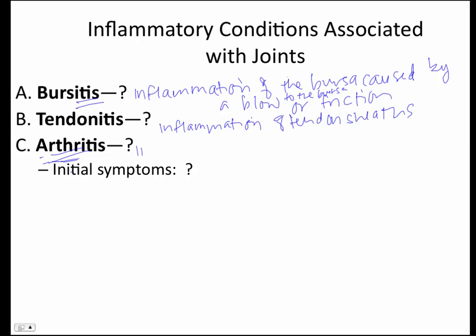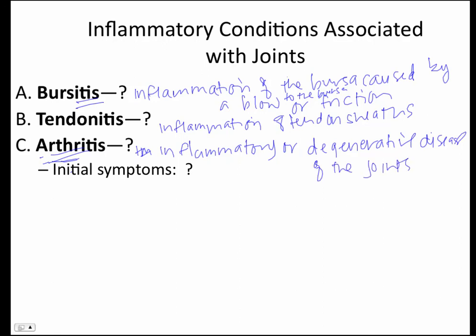So: inflammatory or degenerative disease of the joints. And there are some symptoms that are associated with this. You typically feel pain and stiffness, and also swelling of the joints.